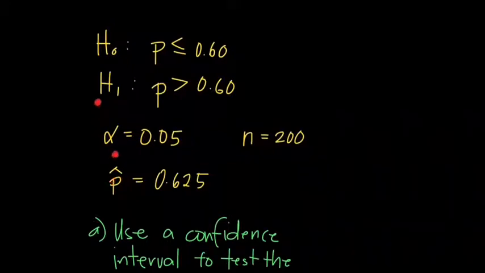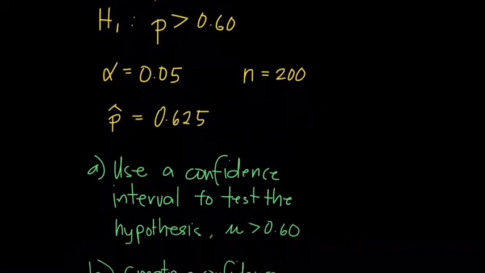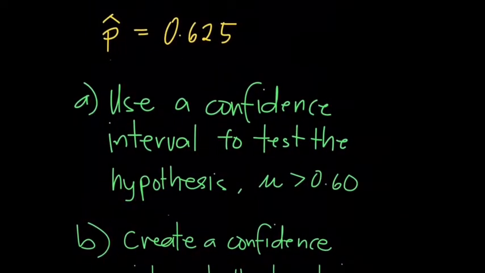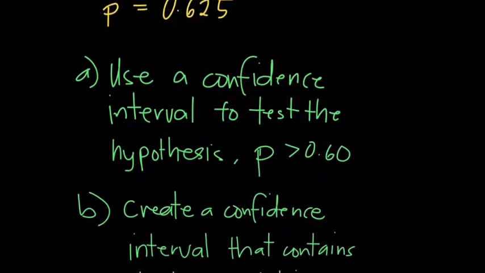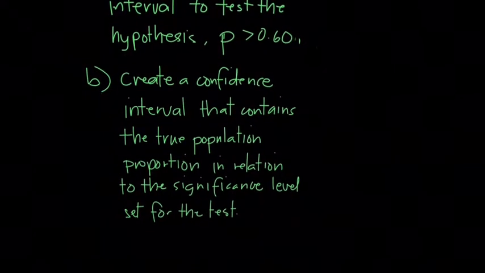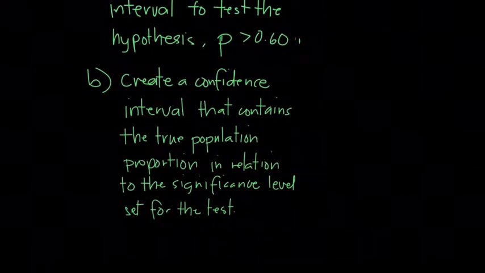So let us show that without using a hypothesis test, let us use a confidence interval to test the hypothesis, and that is the p, the proportion, to be greater than 0.60. And then let's create a confidence interval that contains the true population proportion, but in relation to the significance level set for the test.